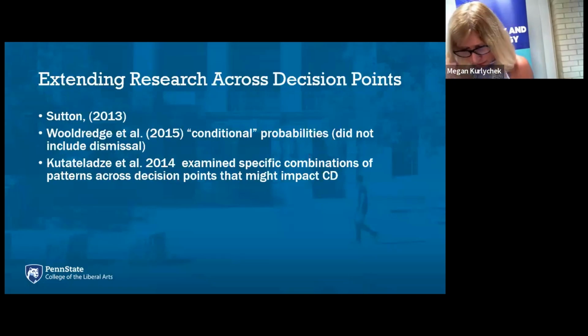And what Sutton did was he really addressed the issues by looking at a diverse sample of criminal defendants, calculating the posterior predicted probabilities of various case processing outcomes, and he conditioned each outcome on the prior stage. So that was, what is the signal being sent? Can we condition it on the prior stage to see what's going to happen?